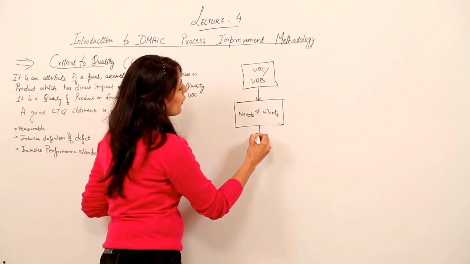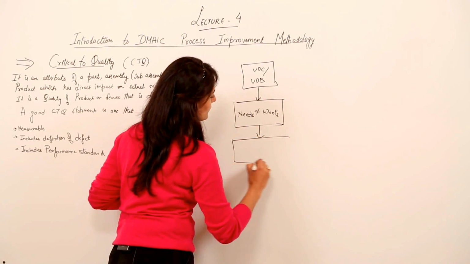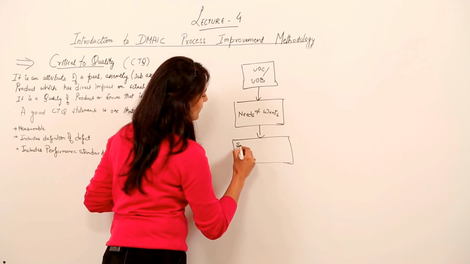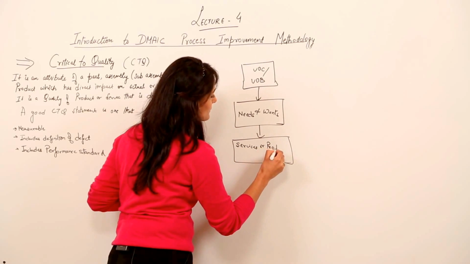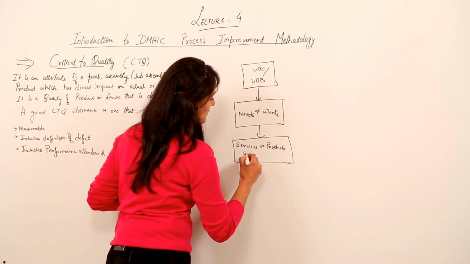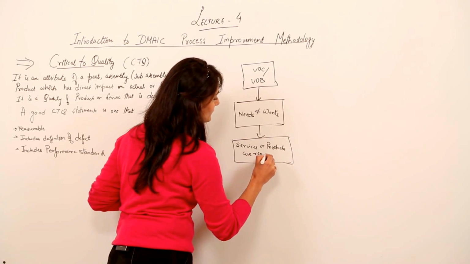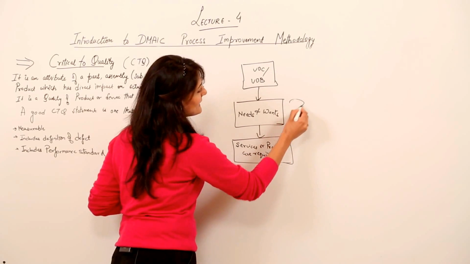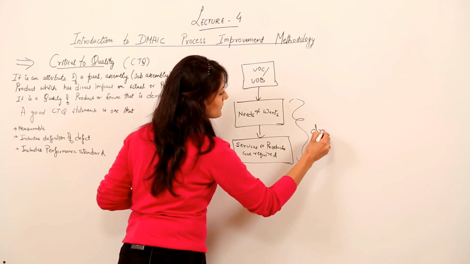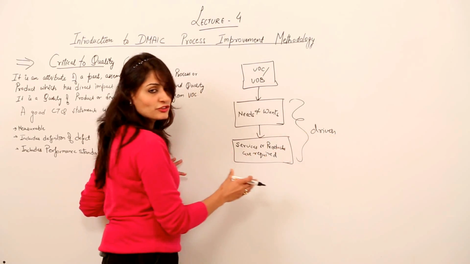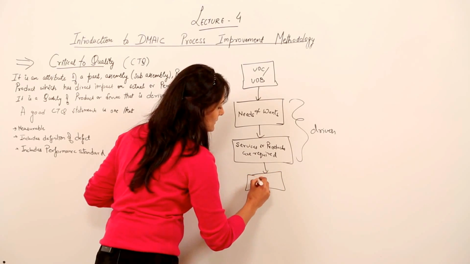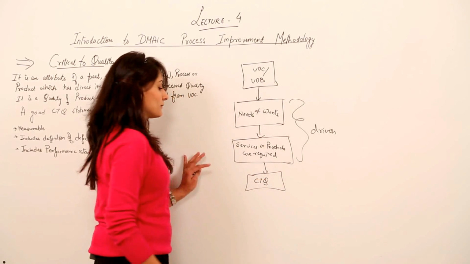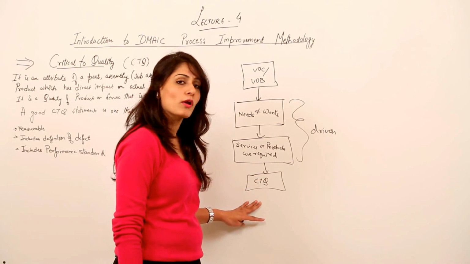And then we should also know what kind of services or products are required. These are the drivers. These will help us to reach a CTQ statement, and then we can generate our CTQ statement, which is critical to quality.